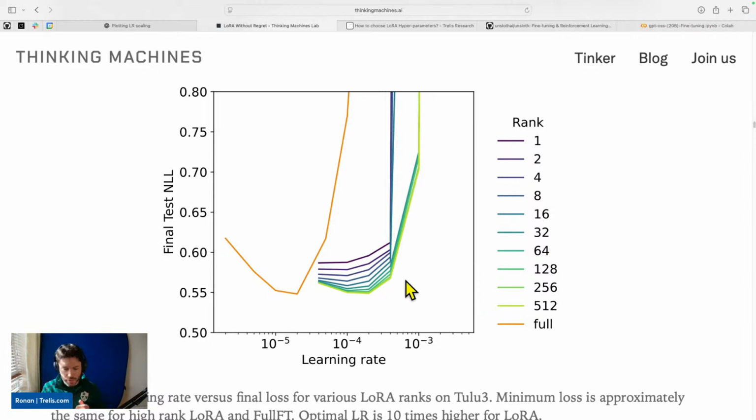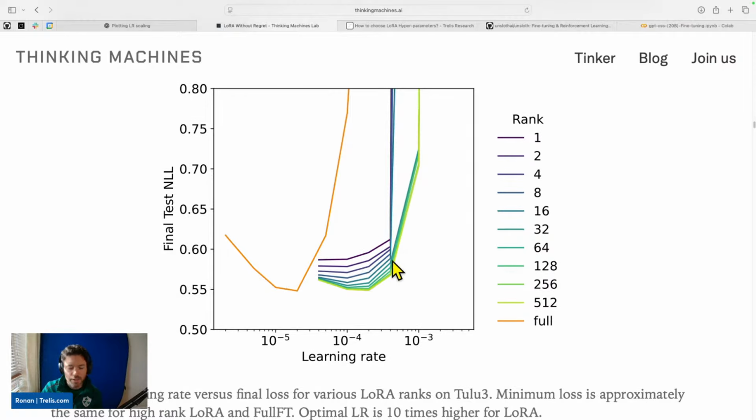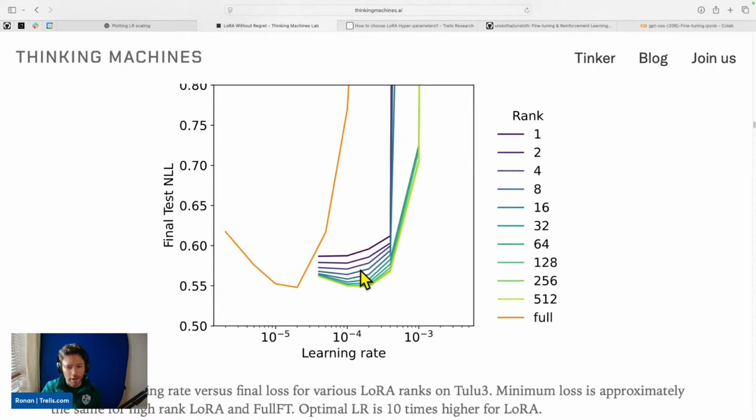Now, there are a few things to say about this. The first one is you can see that it drops fairly steeply here on the right-hand side. And so of the two, you are better off to have your learning rate a little bit too low than to have your learning rate a little bit too high. If you have your learning rate too high, your loss will shoot up, and you can see that's quite steep. Now it's accentuated because it's a logarithmic curve, but still, if you have it too high, it's going to shoot up.